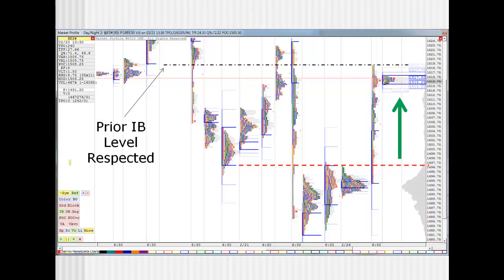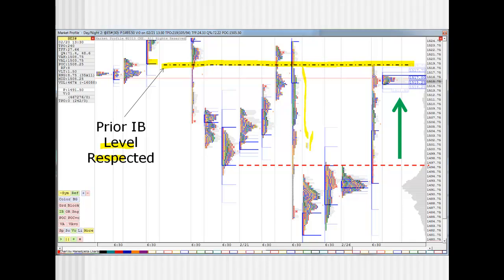Now, prior IB level respected. So once again, take a look at this level here, which was an initial balance low, an IB low. And if I extended this line all the way out into the future, take a look at what happens when we come back and visit that line. We try to get above it. We're not very successful. Look at what happens the following day.